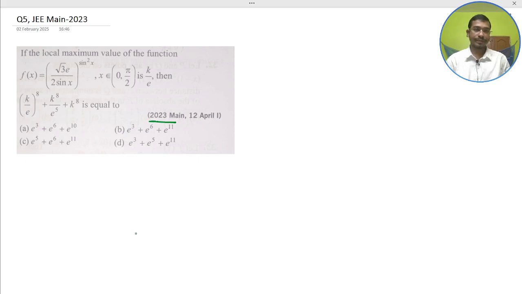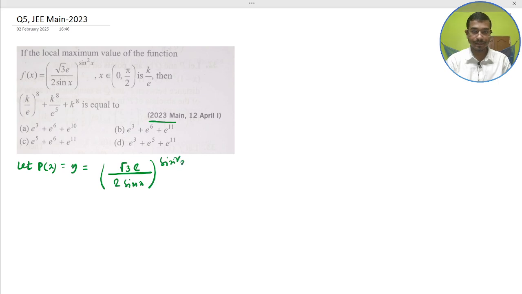So first of all, let us assume y is defined as the given function, (√(3e)/(2 sin x))^(sin²x), for x belongs to 0 to π/2.